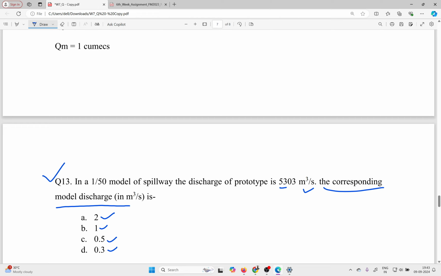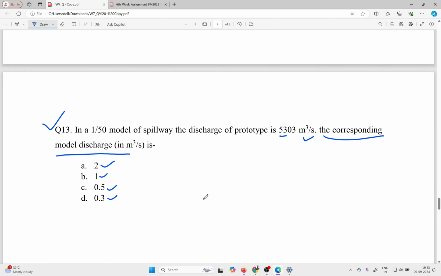So here again, the answer of this question: prototype discharge is given and Lr is given already, 1/50. So model discharge we need to calculate.